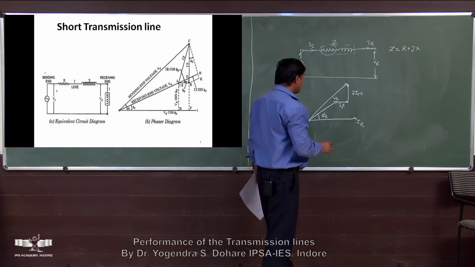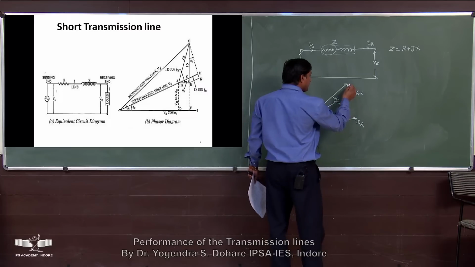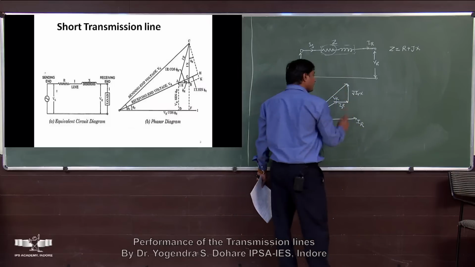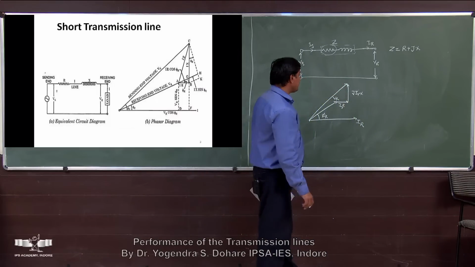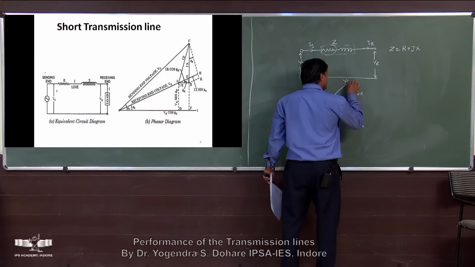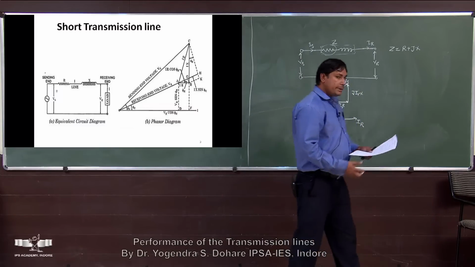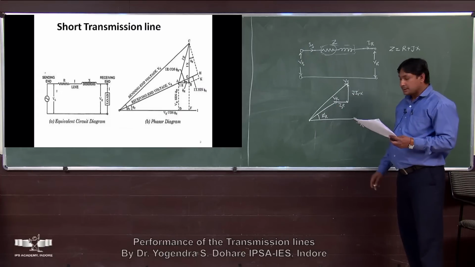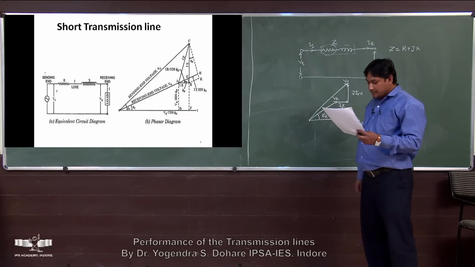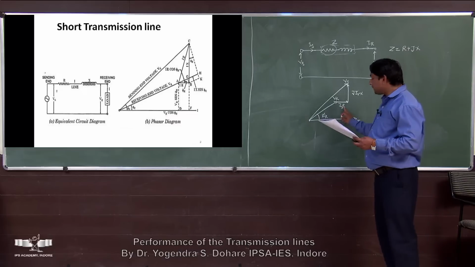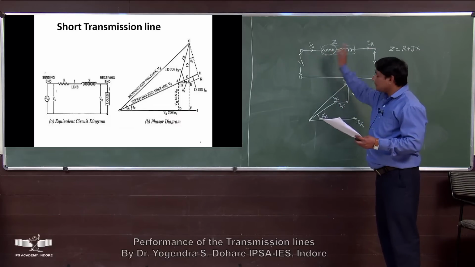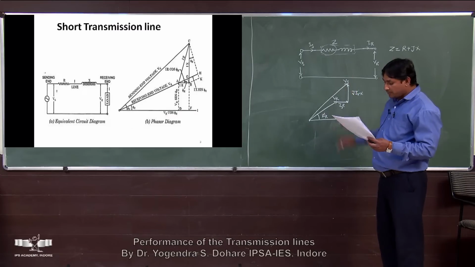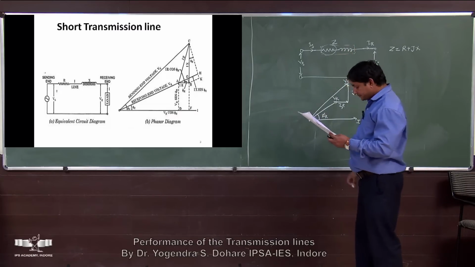The resultant phasor of VR, IR into R and IR into X is VS. So VS is the sending end voltage, and VR is the receiving end voltage. IR into R is the resistance drop, and jIR into X is the reactance drop.